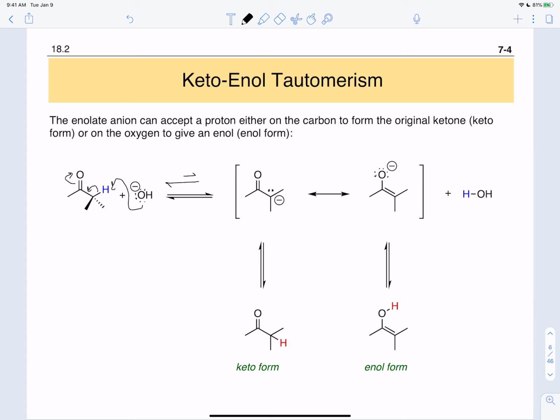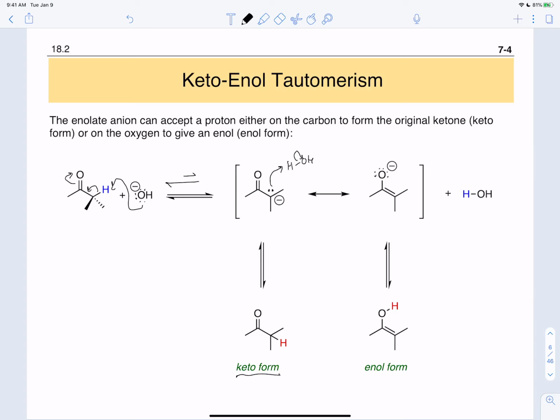We can imagine this lone pair on the carbon reacting directly, or we could imagine the lone pair on the oxygen in the other resonance structure also reacting with water. We know that acid-base reactions usually go back and forth. So we can end up having the hydrogen being taken by the carbon, and we get the exact same product back. This is the keto form.